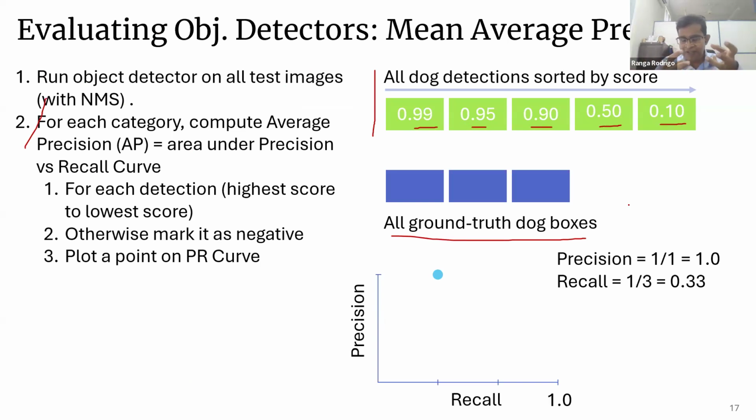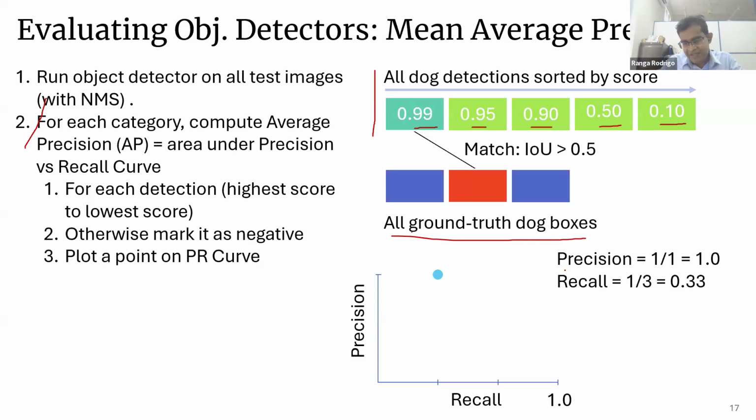Now there's a match here, with IOU greater than 0.5. That means we have detected one dog with the 0.99 score, and that is correct.